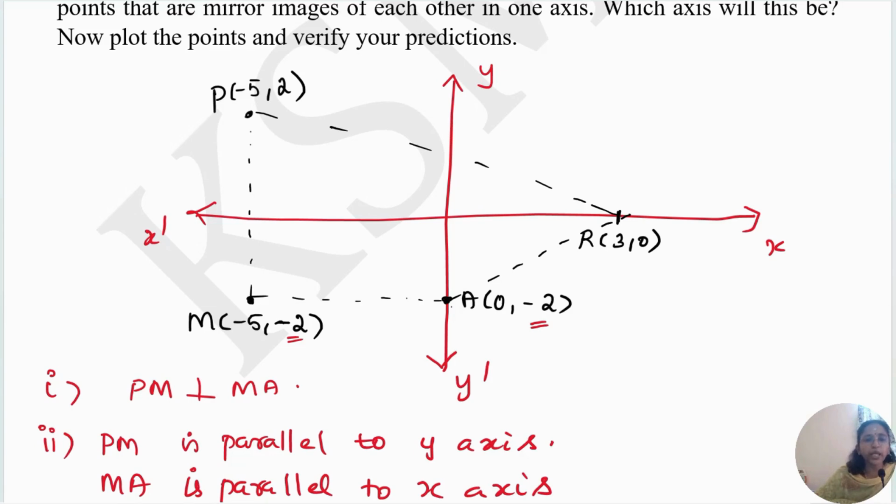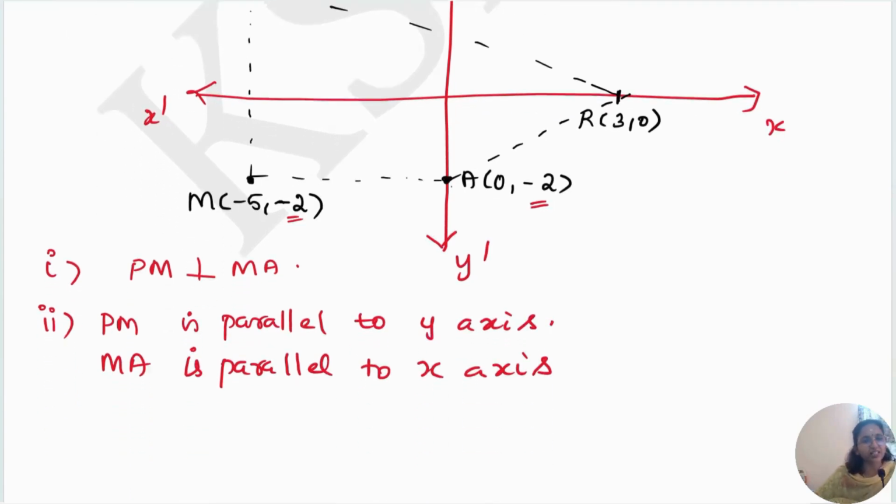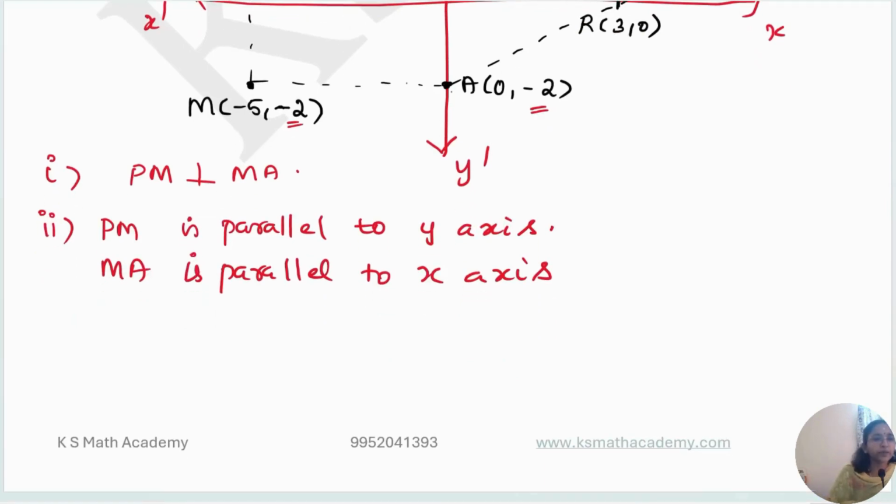So the points P and M are mirror images of each other with respect to the x-axis. So you can write your answer: the point M is (-5, -2) and your P point is (-5, 2).